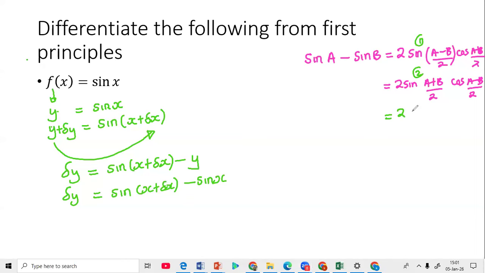So for yours, it is 2 cos (A plus B) out of 2, sine (A minus B) out of 2. People are saying the third one. It is correct, the third.